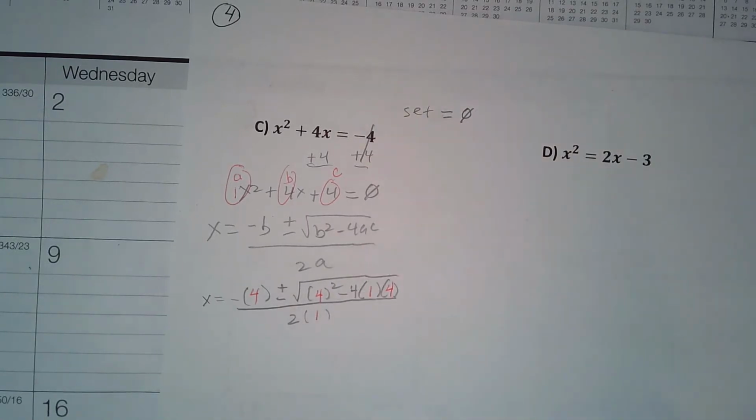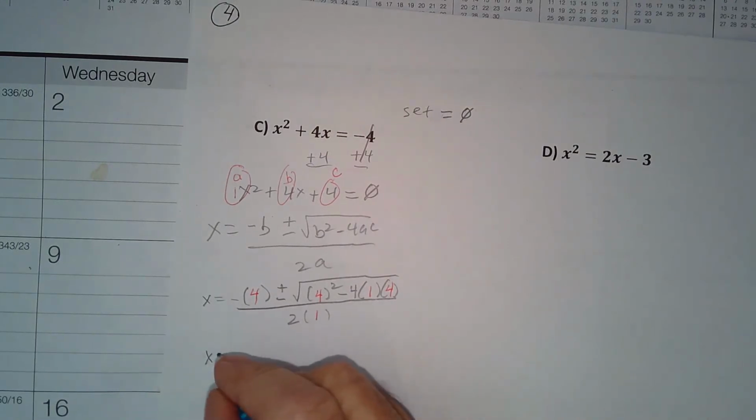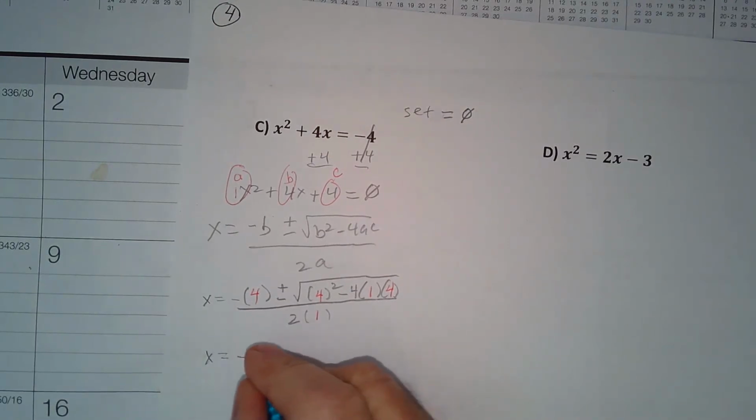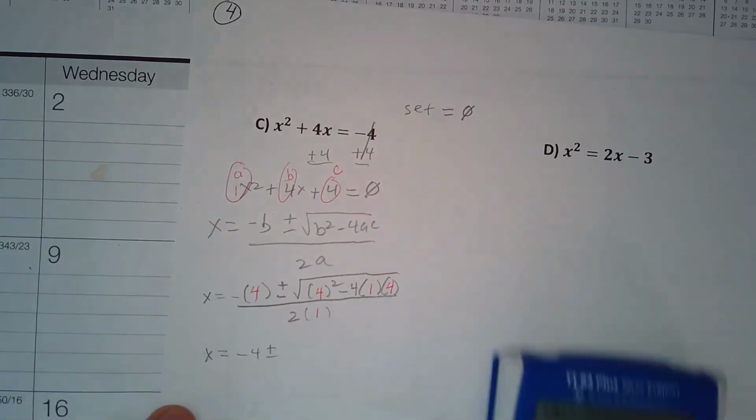All right, so this becomes x equals negative 4 plus or minus, well, let's find out what's in the discriminant here.